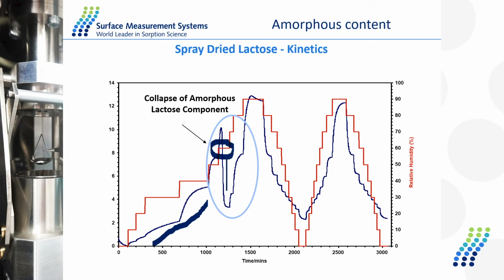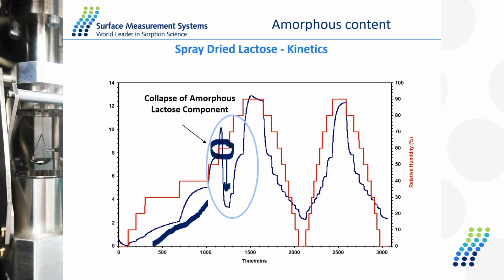Whenever you see a sample experiencing a mass drop, so the mass, rather than going up, goes down even though you are providing more molecules to the system, it usually tells you that something very particular is happening to the sample. You expect, logically, that a sample will always take up more mass whenever you are providing more molecules.